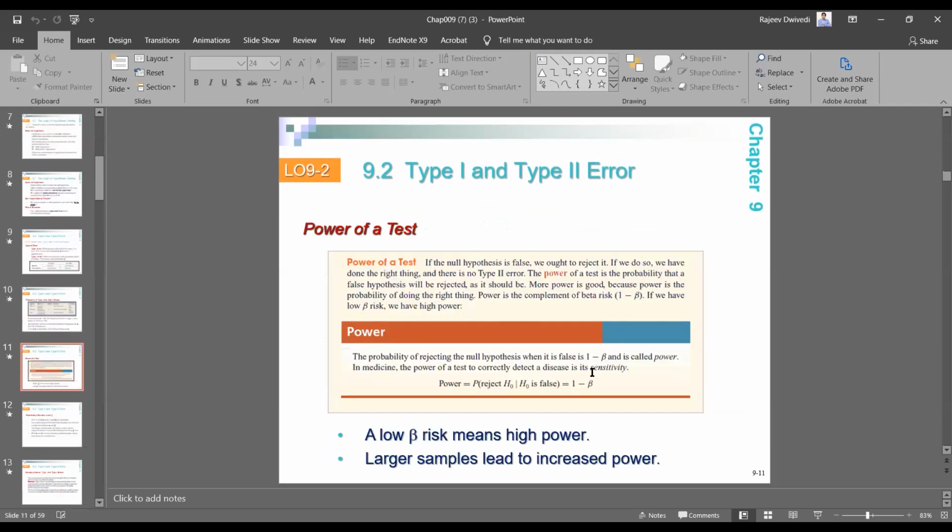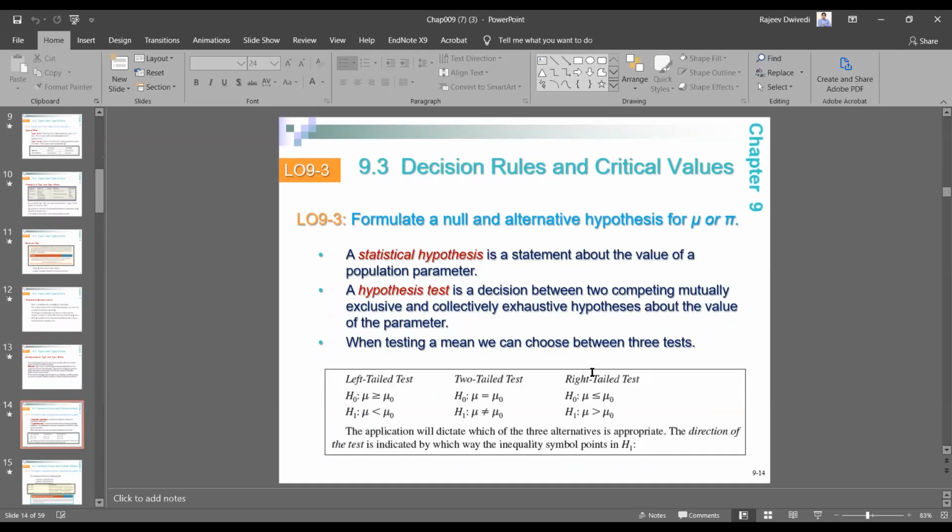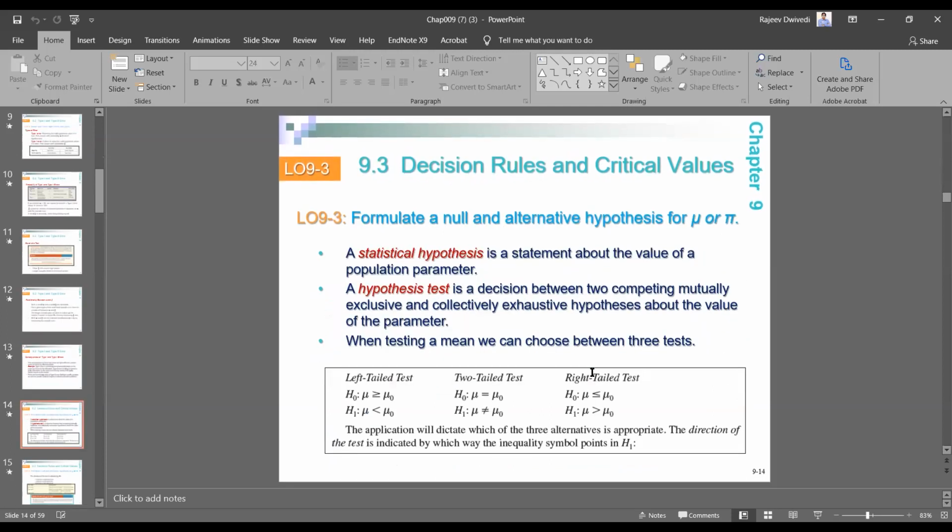Now left tail test, right tail test, and two tail test. These are the three things which we have to keep in mind, because this is the important aspect when you plug into Minitab, that you need to choose which option is correct, and then nothing special you have to do.